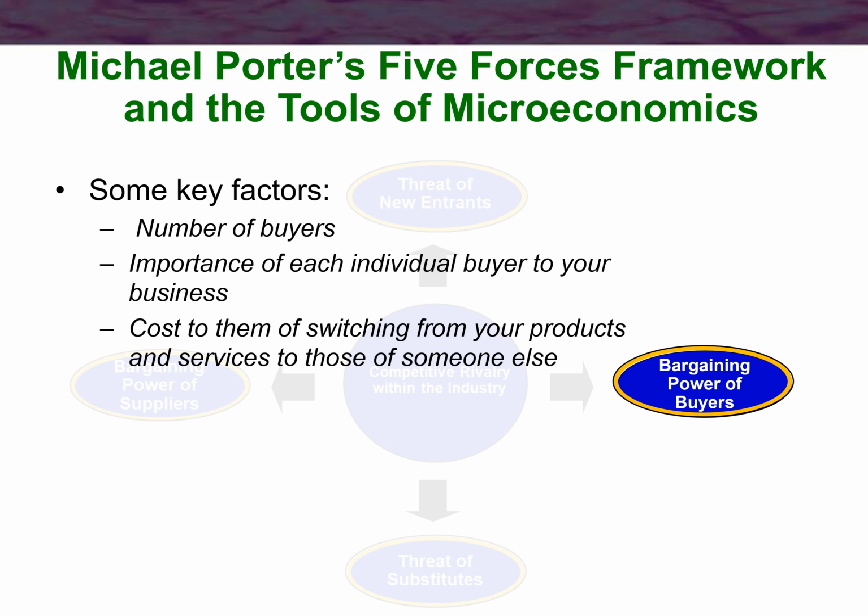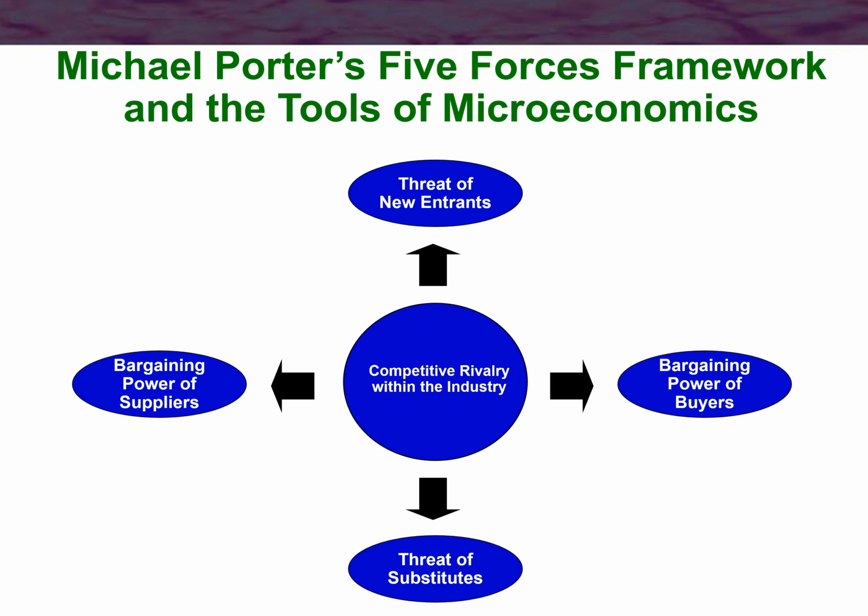For example, I am a heavy user of Microsoft and a lot of their Office products. So there's huge costs for me to switch over to another Office suite. And as a result, I would be susceptible to higher prices that Microsoft charged me. Now, let's look at threats of substitutes.